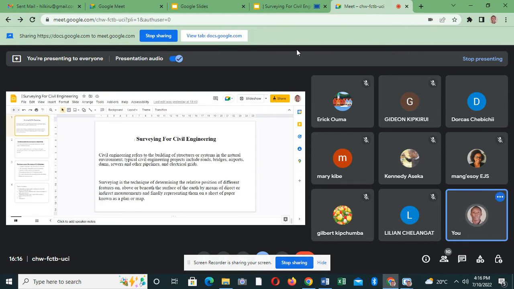Where can we apply surveying in our daily life? Can anybody explain to us where we can use this surveying in our daily lives, for the importance of learning survey? Anyone?